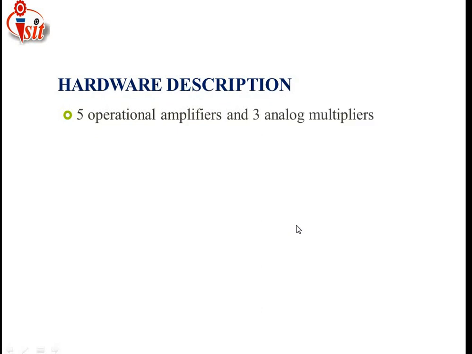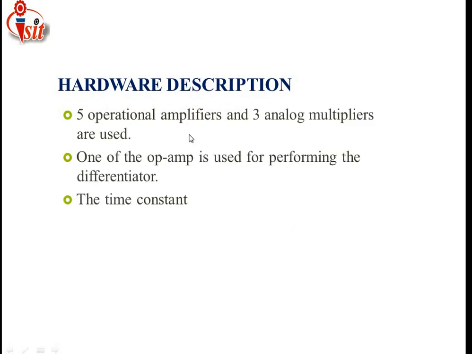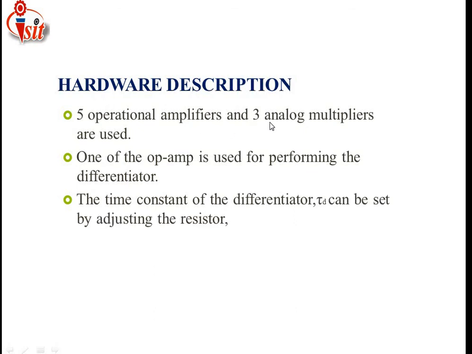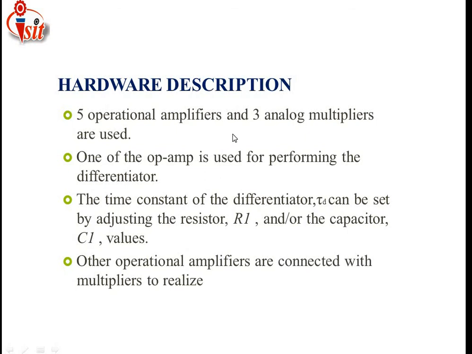Then the hardware description related to this: 5 operational amplifiers and 3 analog multipliers are used. That means 5 op amps and 3 analog multipliers are used to design the hardware structure for the conversion. One of the op amps is used for performing the differentiator function.